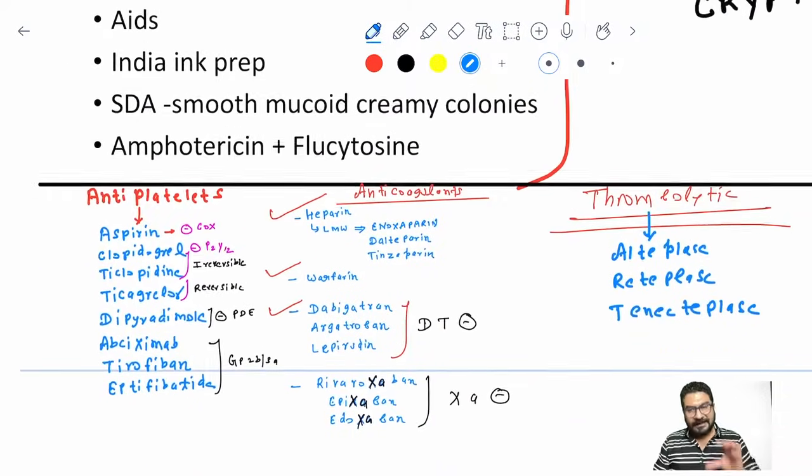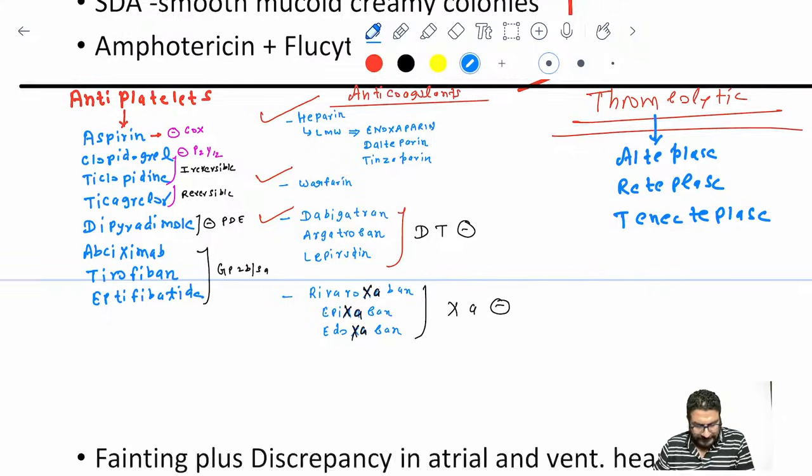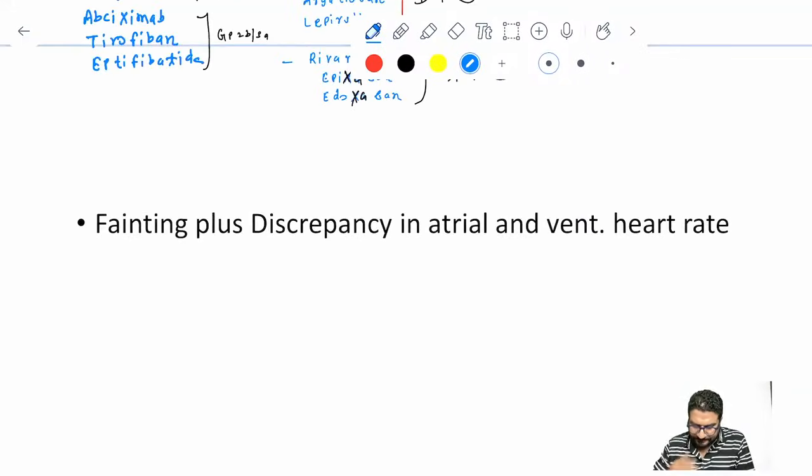And when the clot has already formed and we need to break it, then we give thrombolytic. Am I clear? This is something you have to remember.